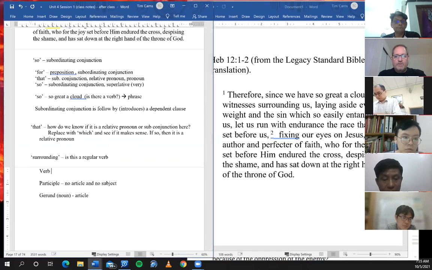Now for a regular verb, if it's ing, normally what you will find is it will have a subject and also look for the helping verb, is or are.